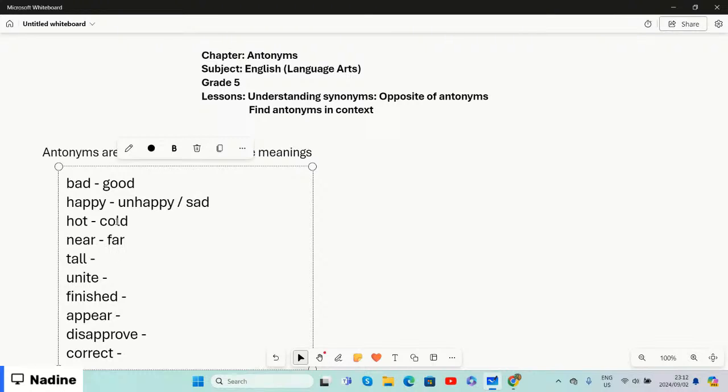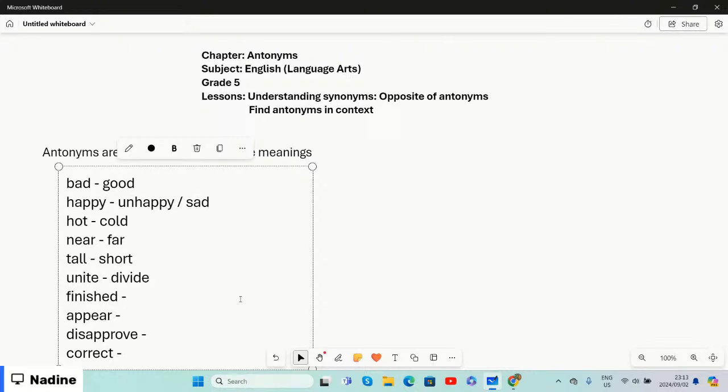If someone is not tall, then they are short. What is the opposite of unite? What is the opposite of uniting either someone or something? It's either united we stand or divided we fall. So if you don't unite, you divide.